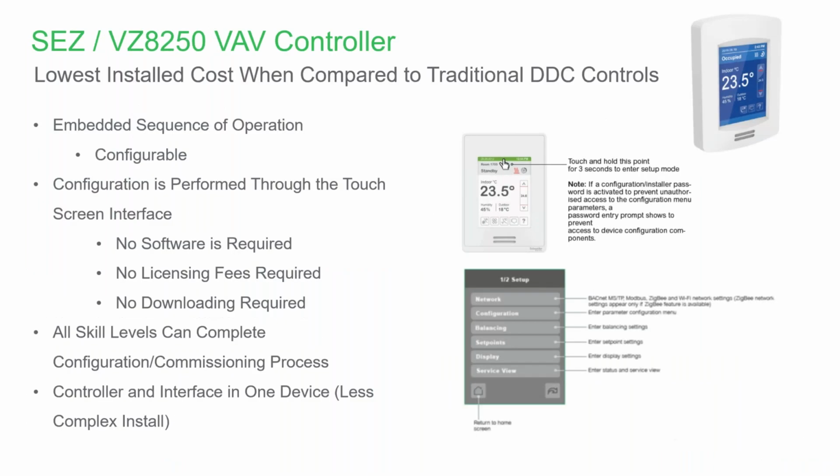So with that said, this is going to start diving in a little bit into what that VAV controller looks like. And I've kind of covered some of that on this last slide here. But when we look at it, it's a lowest installed cost when compared to a traditional packaged type VVT solution.